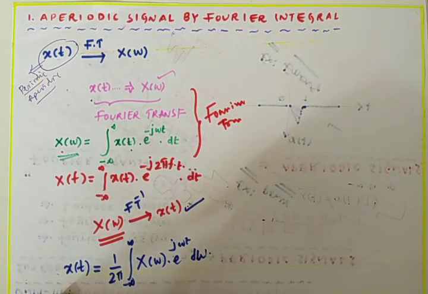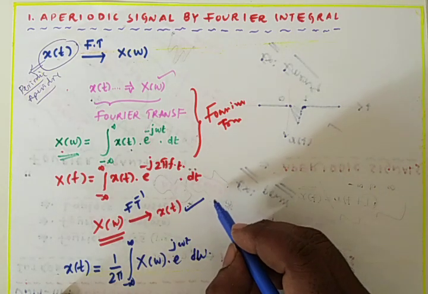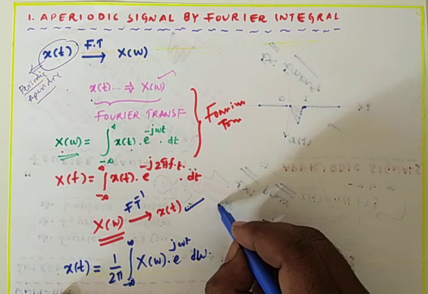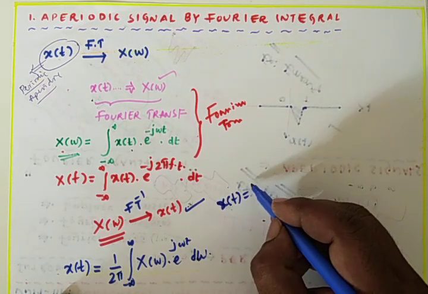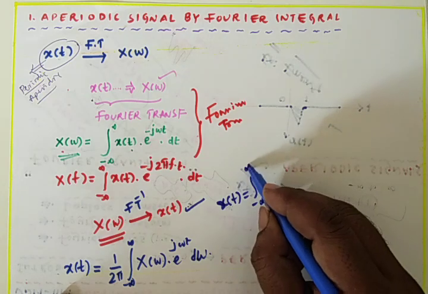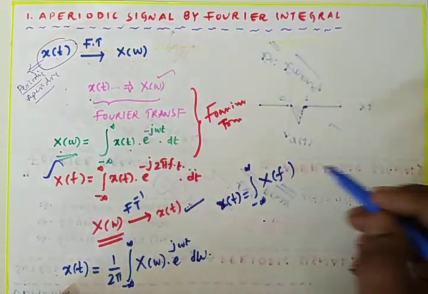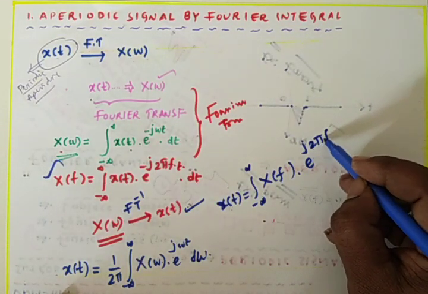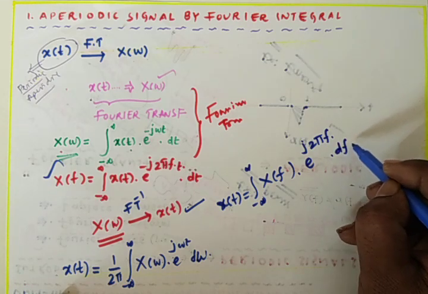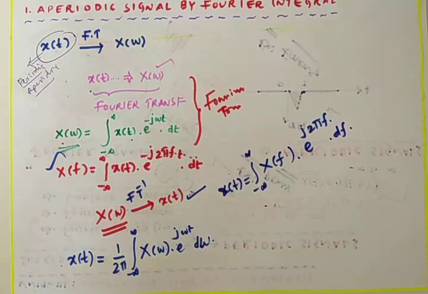And in the other form, with respect to the regular frequency, x of t equals the integral from minus infinity to plus infinity of x of f into e to the power of j 2 pi f t df.